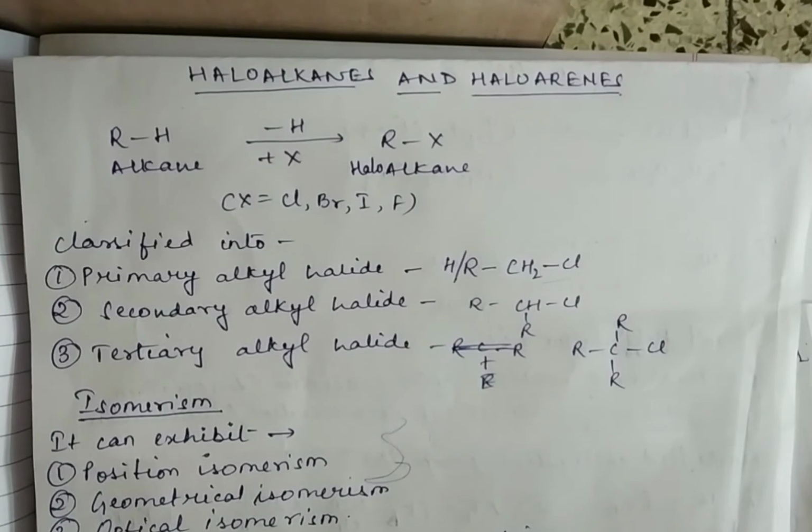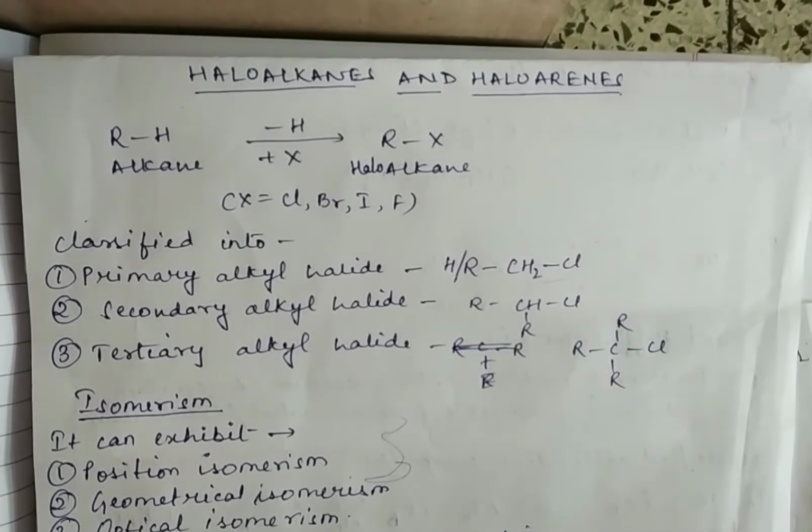Now, these haloalkanes exhibit isomerism. They can exhibit position isomerism, geometrical isomerism, and optical isomerism. Position isomerism is a structural isomerism which takes place due to the different position of the halogen atom in the same compound, that means the compounds having the same molecular formula.